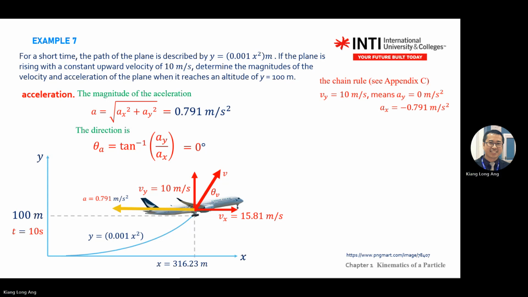And recall the vector equation. You were told to go home and look at Appendix C, to look at the chain rules. So dy dx equals v dv.